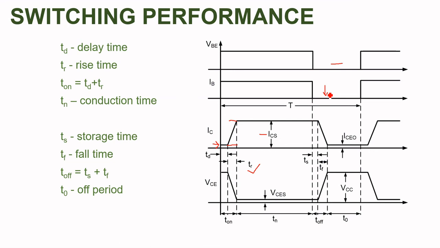The time required for reduction of collector current from the initial saturation value of ICS to the collector to emitter leakage current ICEO is known as the fall time or TF. During this fall time, the collector to emitter voltage rises from the saturation value of VCES to VCC, or the supply voltage.